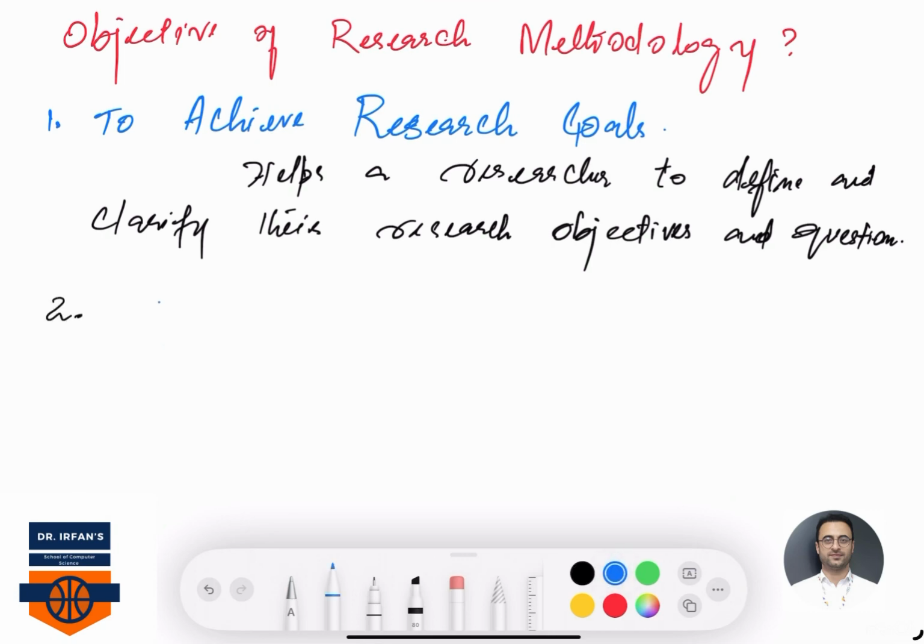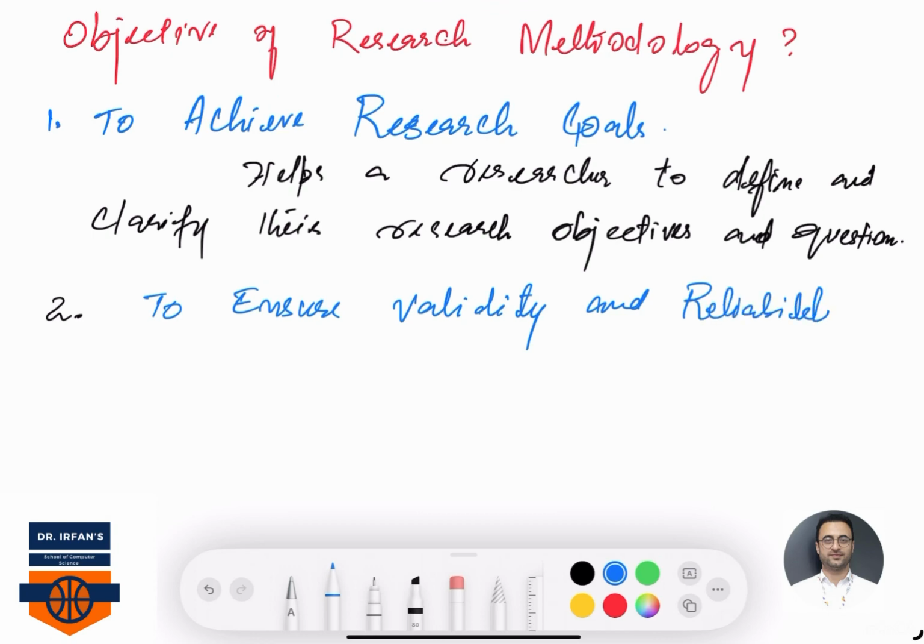The second important objective of the research methodology is to ensure validity and reliability. This is one of the key objectives of research methodology, to ensure that the research is valid and reliable.